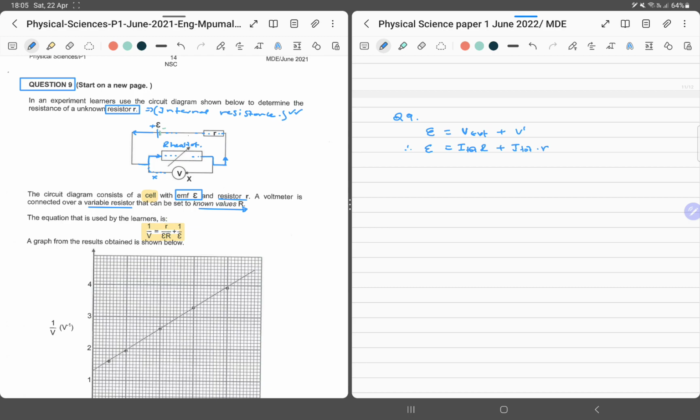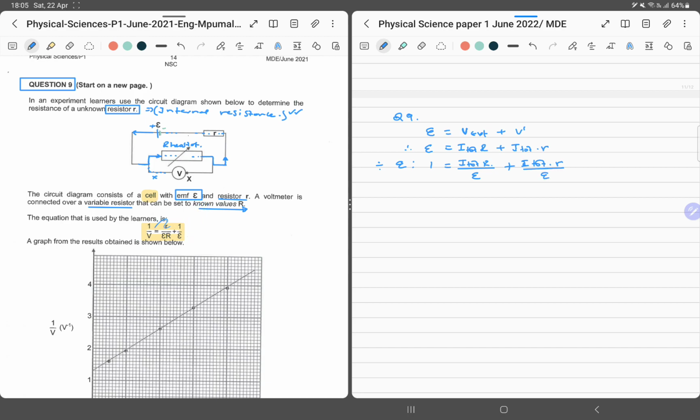So now how do we end up there? If we divide by E, the EMF, it will be such that 1 equals I tot multiplied by R of the rheostat, divided by E, plus I tot multiplied by r over E. So that is the first step.